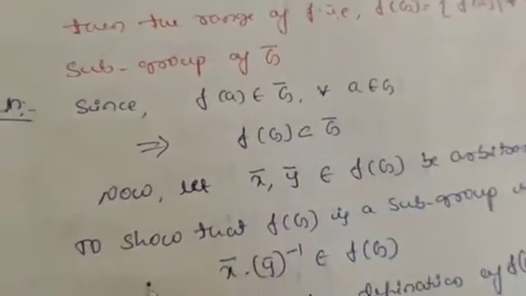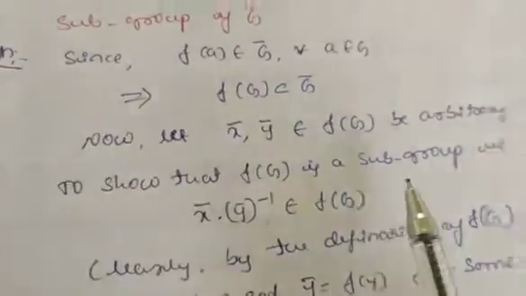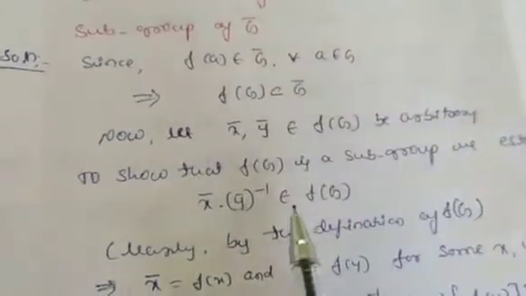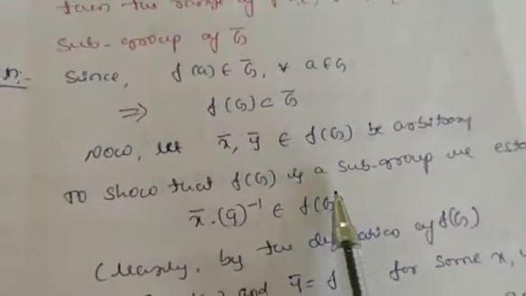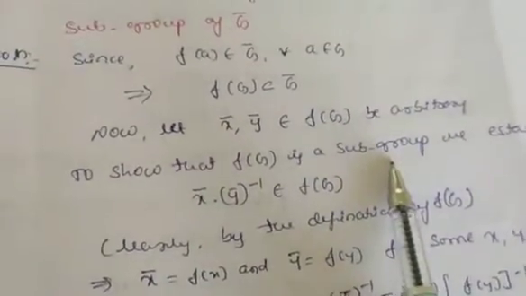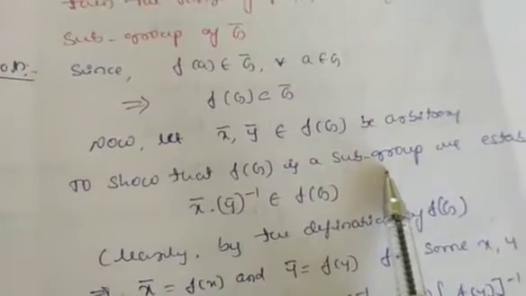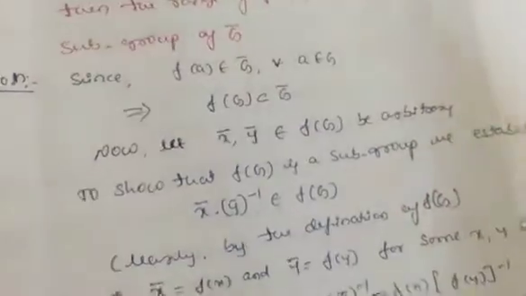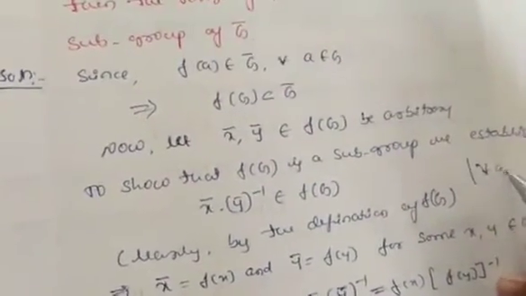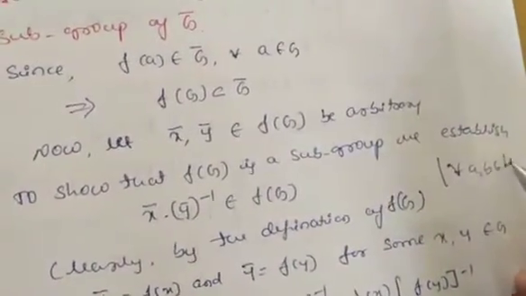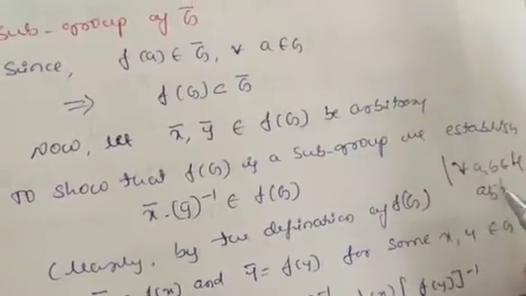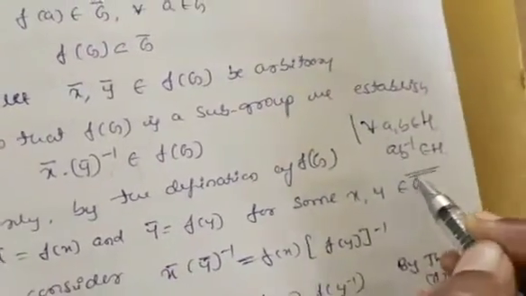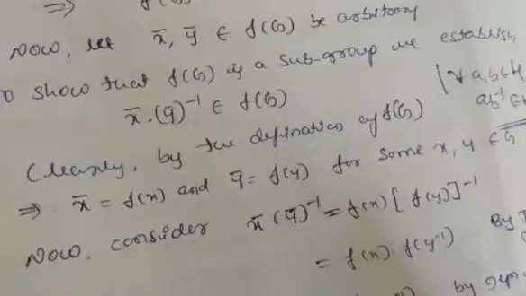Now to show that f(G) is a subgroup, we have to establish the necessary and sufficient condition of a subgroup: for all a, b belongs to H, a b inverse also belongs to H. This is the necessary and sufficient condition for a subgroup.